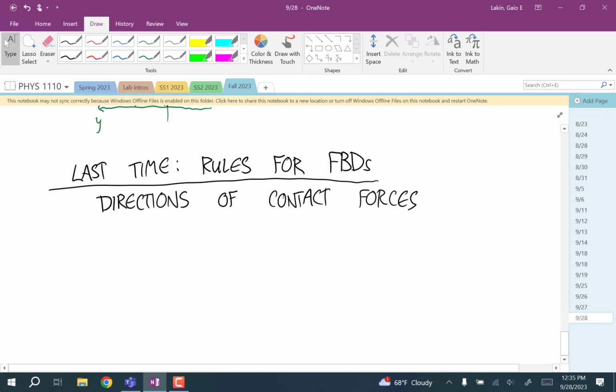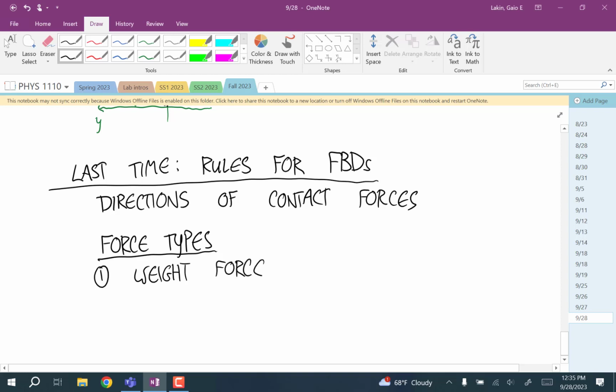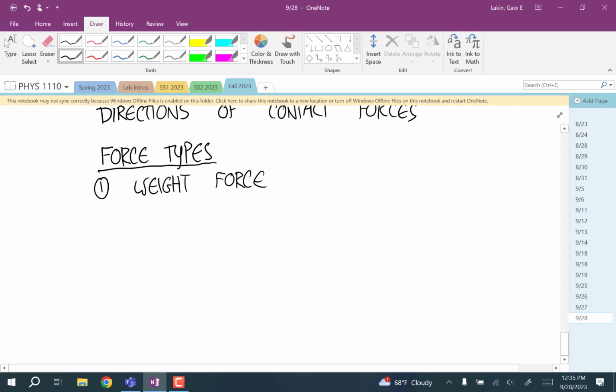And I think the last thing I said at the end of class last time was, here are the types of forces that you're going to see. First, there's going to be a weight force. And the only other type of force that you're going to see are contact forces. And we're going to break contact forces up into 3 different types. The first one is pushing forces.